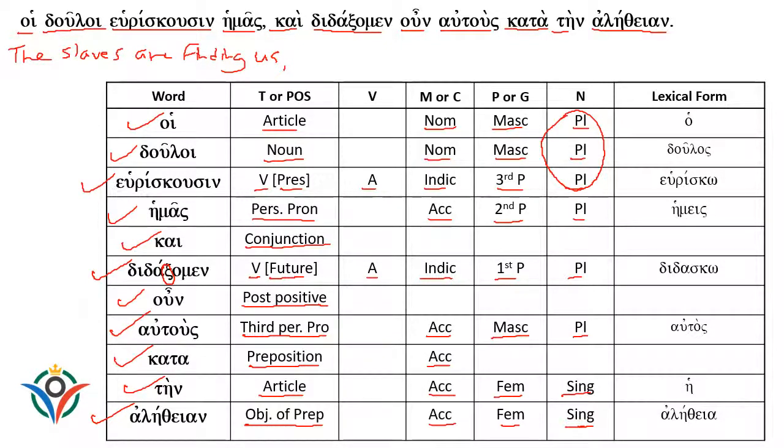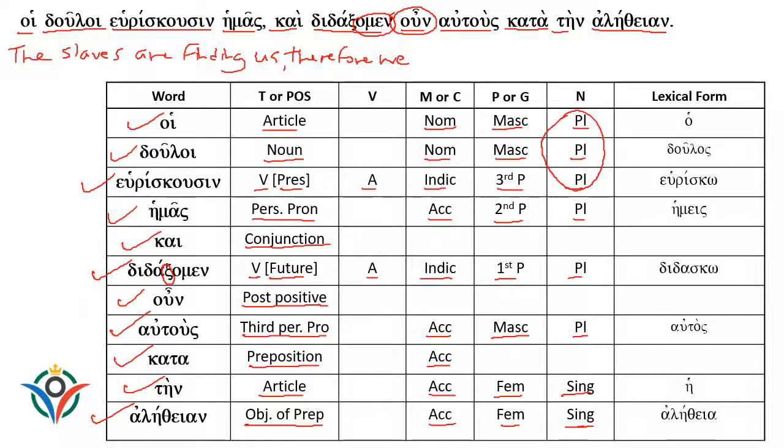All right, then we have kai, didaxomen, oun. All right, so oun is a postpositive, we translate it at the front of our English clause here. So we could say, therefore, we, all right, so there we get our subject from the verb ending, the omen.